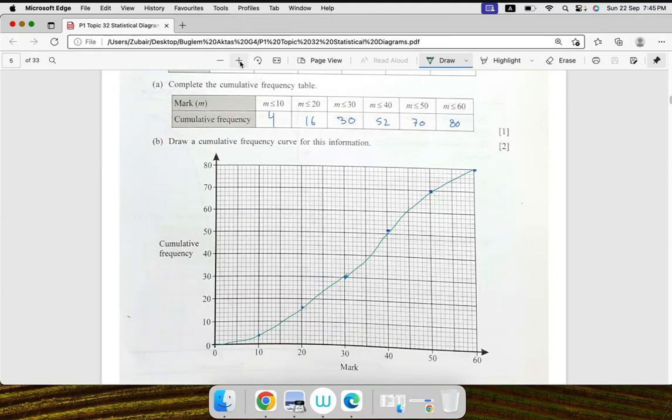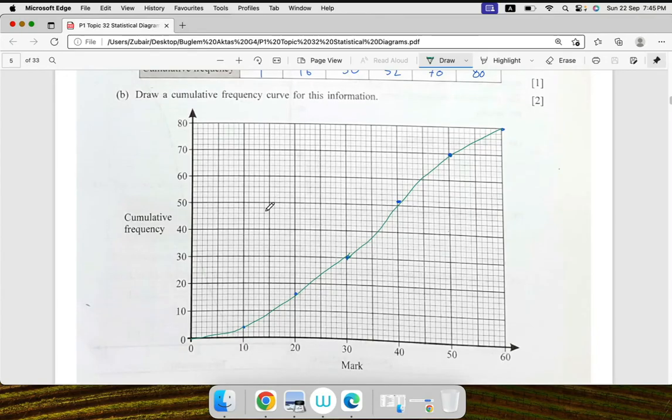Pass marks are 45. How many students passed according to this graph? I would just like to give one more try. It's still bad.